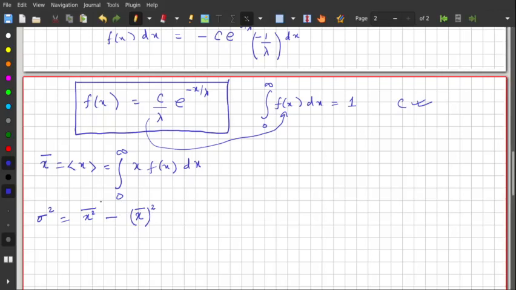So all these quantities can be computed. And x square, we know from before, the second moment, is integral 0 to infinity x square f(x) dx. Okay, so that's the crux.